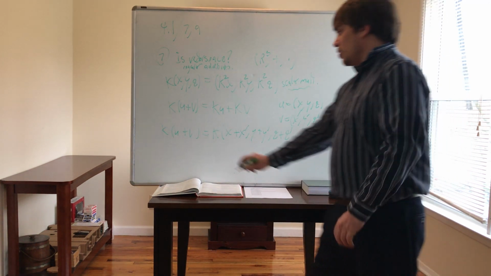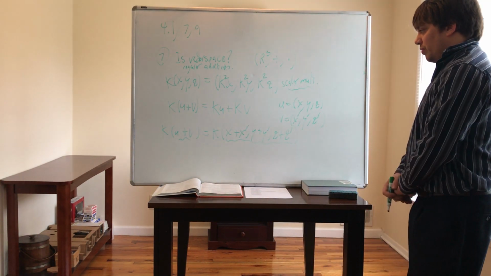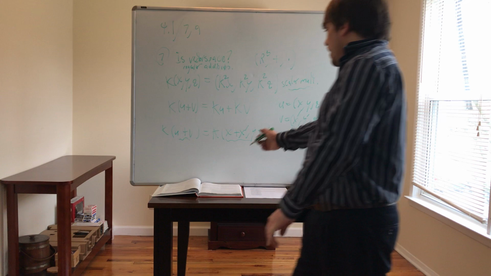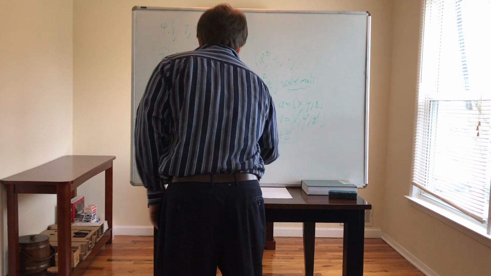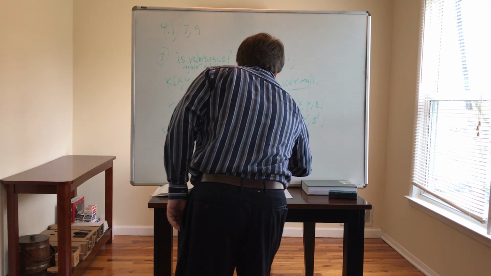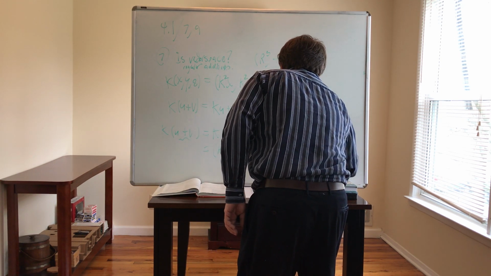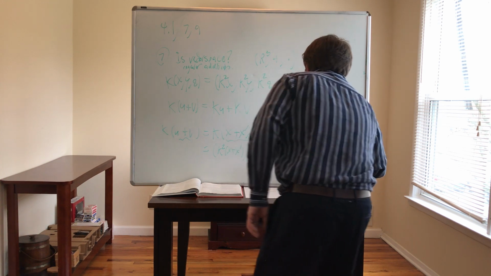This is u plus v, meaning the sum of the components of u and v. And so k times this is going to be k squared times each component, equal to (k²(x + x'), k²(y + y'), k²(z + z')).